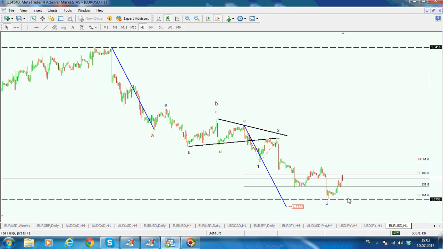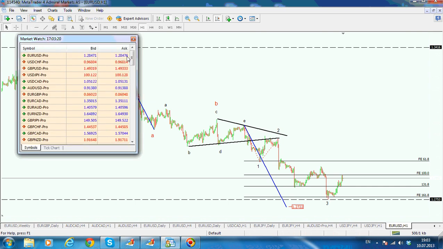It remains to be seen. At the moment the euro dollar seems to be quite bullish with 128.47, but we're going to have two important events today: the FOMC meeting minutes and the speech from Mr. Bernanke later in the day.